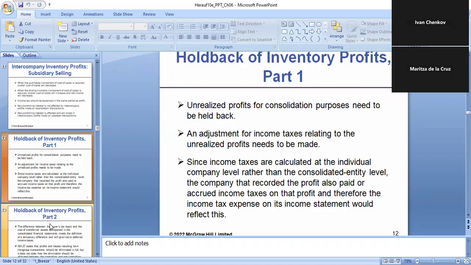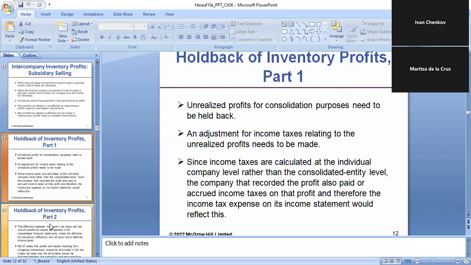Some income taxes are calculated at the individual company level rather than the consolidated income level. You have to understand that consolidation is not made for the purpose of taxes.